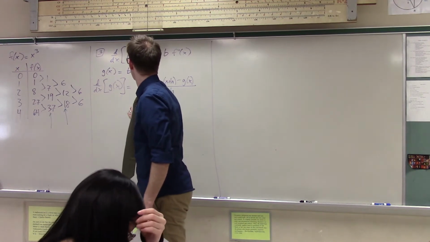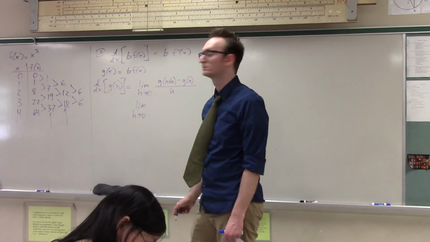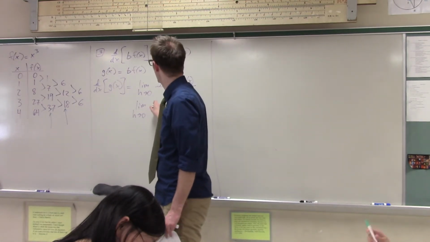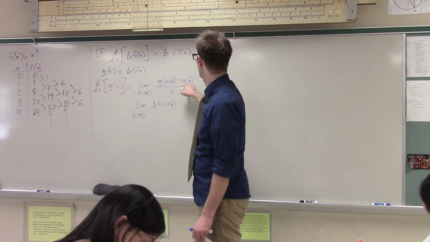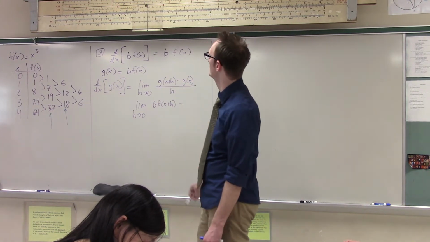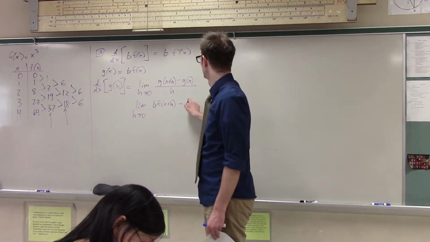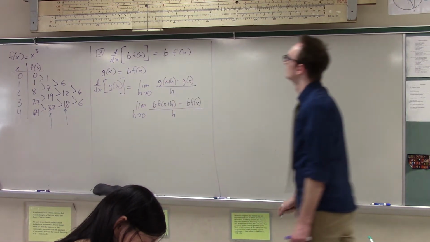What is g of x plus h? By definition, g of x plus h is just b times f of x plus h. And what is g of x by the definition of g? It's just b times f of x, all over h.